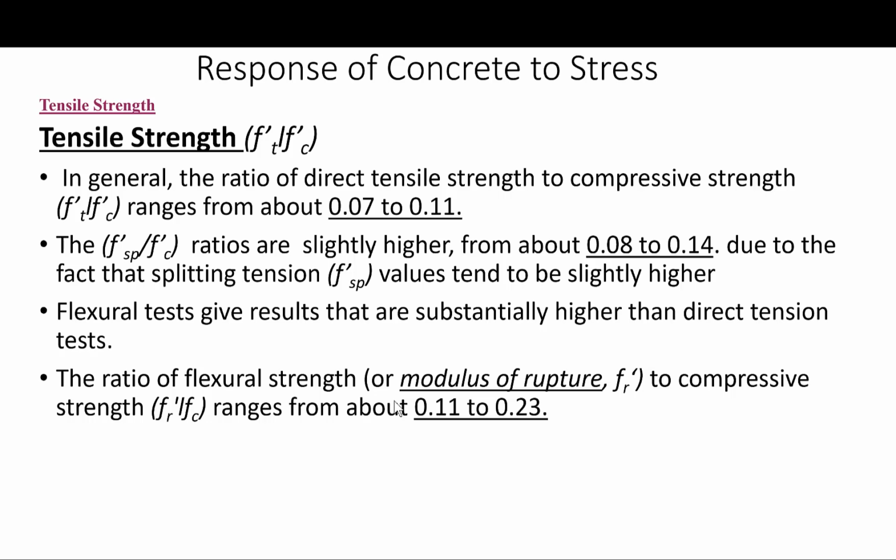Flexural tests usually give results that are substantially higher than the direct tension tests. So the ratio of the flexural strength, or the modulus of rupture, to compressive strength ranges from about 0.11 to 0.23. I mentioned which is higher and which is lower in the previous slide.